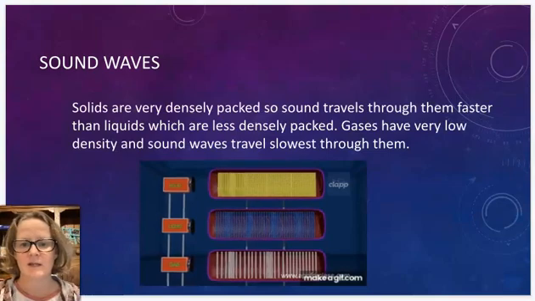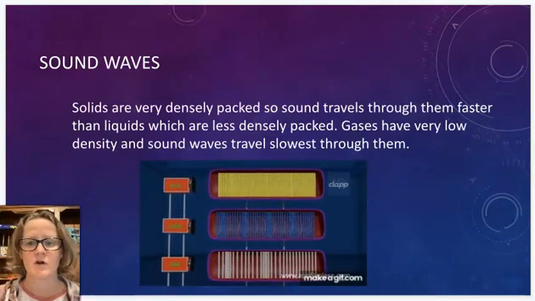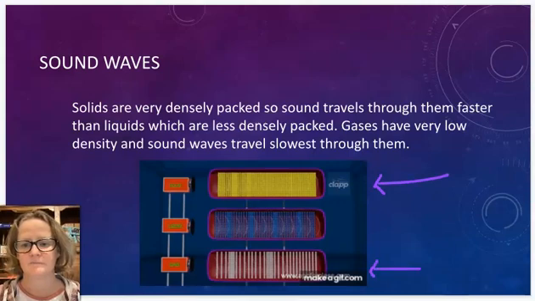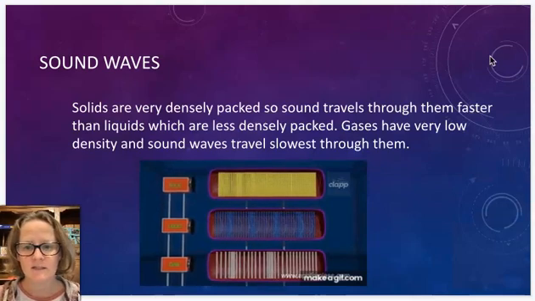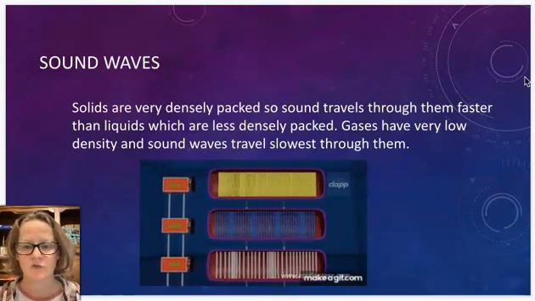Let's have a look at this picture here. So we have a solid in the top, we have a liquid in the middle, and we have a gas at the bottom. And you'll see that in the solid, the waves are moving quickly across the yellow surface.